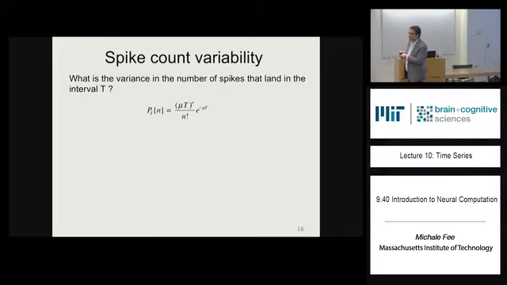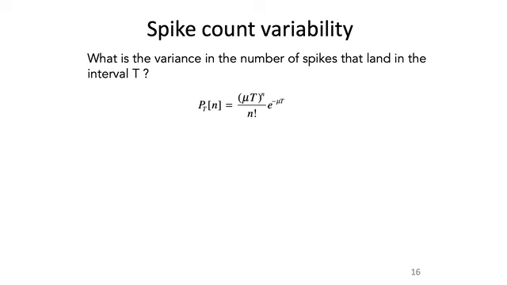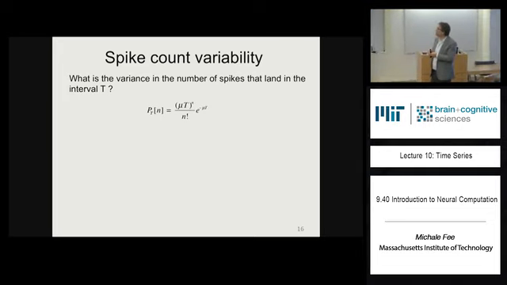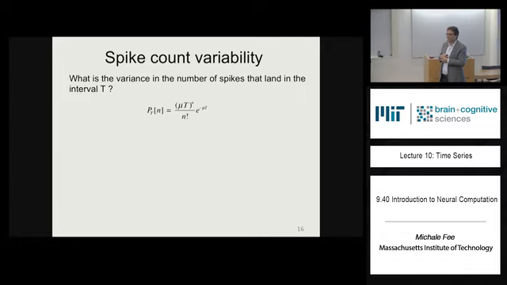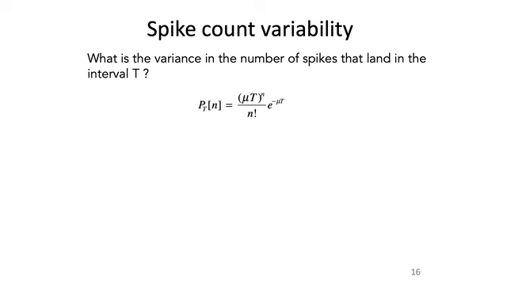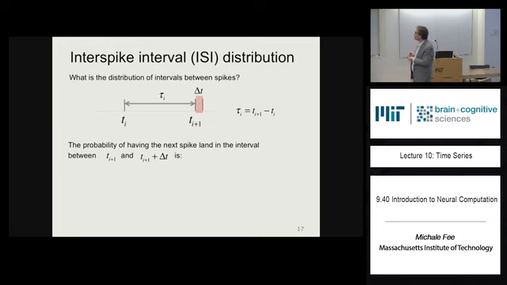What does this look like if we set n equals 0? So what is mu t to the 0? 1. What is 0 factorial? 1. And so the probability of having 0 spikes in a window t is just e to the minus mu t. Right? So let's plug that in.